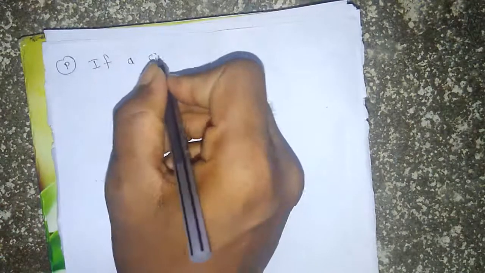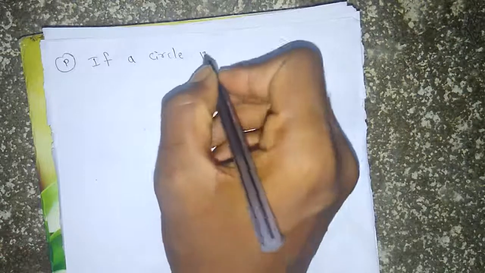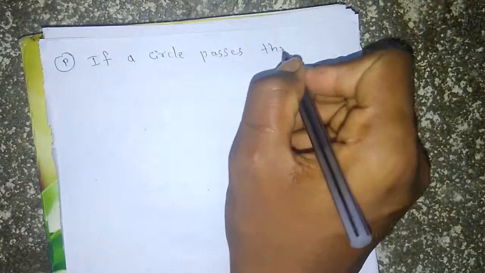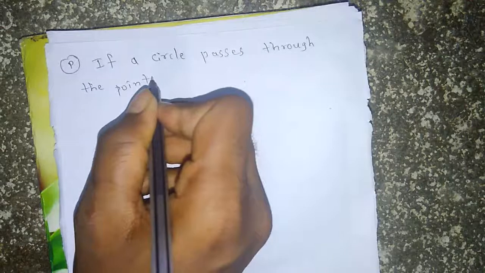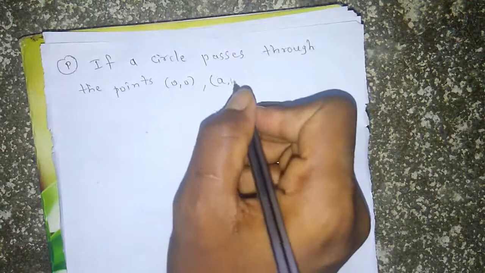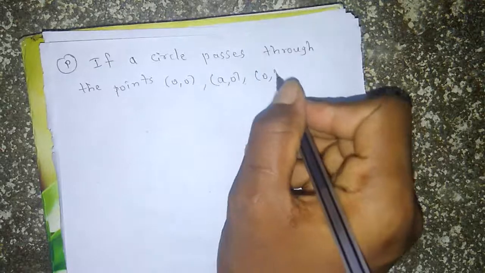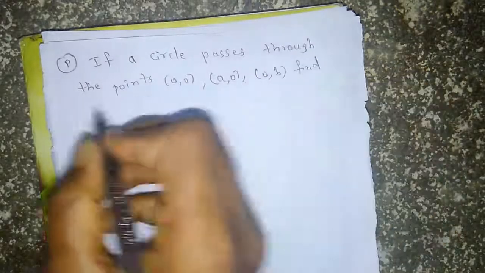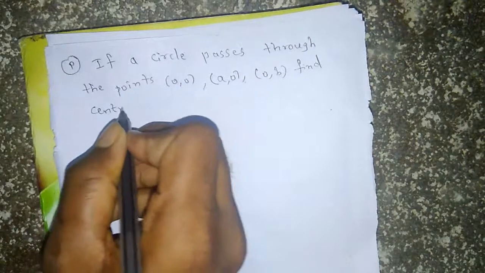Our next problem is, if a circle passes through the points 0, 0, a, 0, 0, b, then find the center. Find the center of the circle.